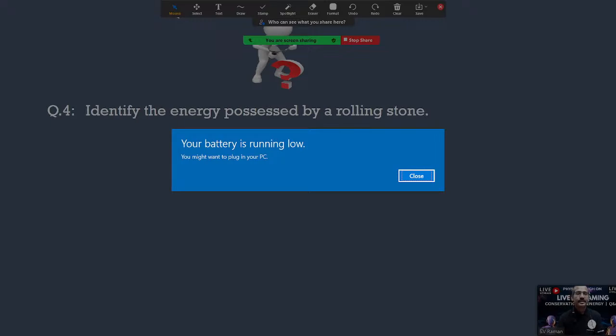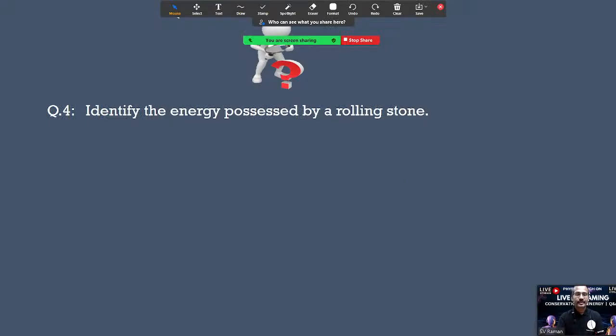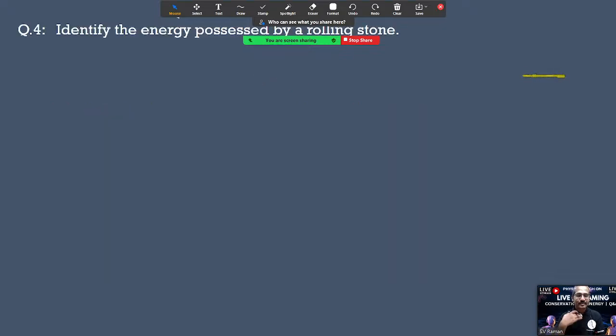Next question. Identify the energy possessed by a rolling stone. Yes, the answer is very easy. A rolling stone, a mobile object, has kinetic energy.